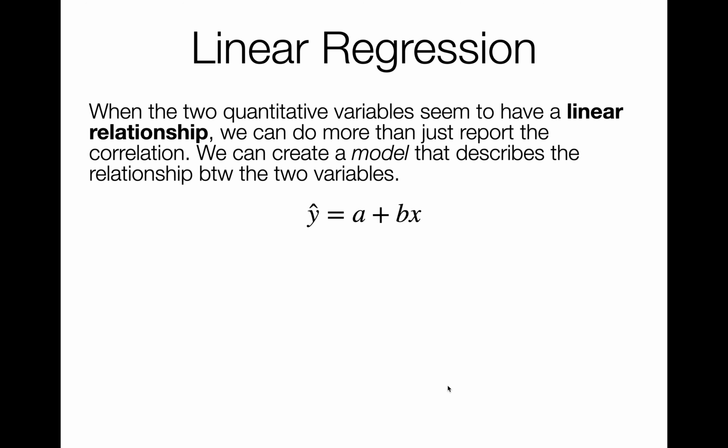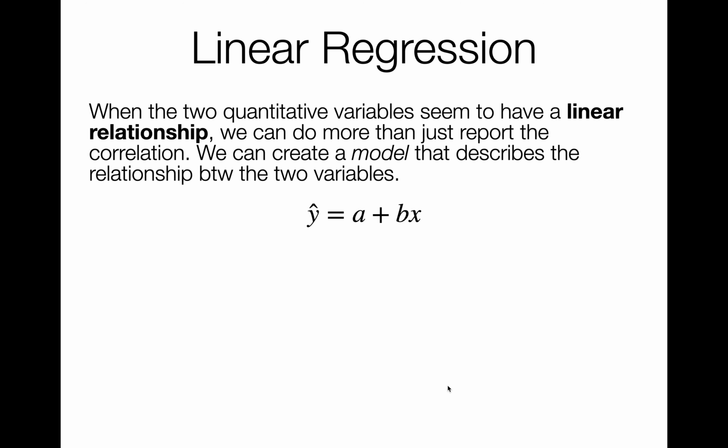Okay, so that's what I mean by a model there, and an actual equation that we're going to use is y hat equals a plus bx. What you're used to in any math course that you've taken, probably algebra 1 in high school, is the line y equals mx plus b, where m was the slope and b was the y-intercept.